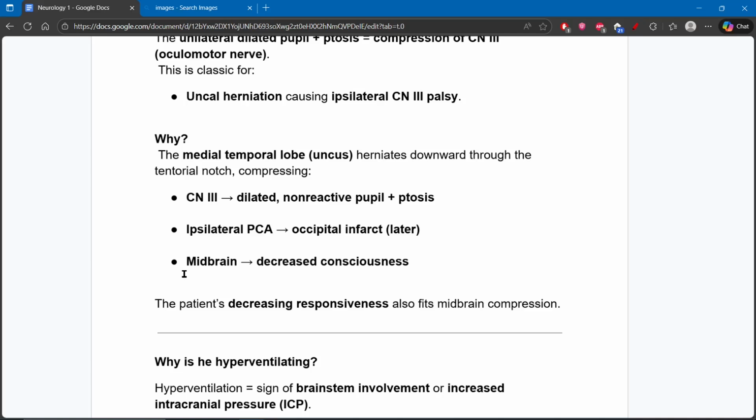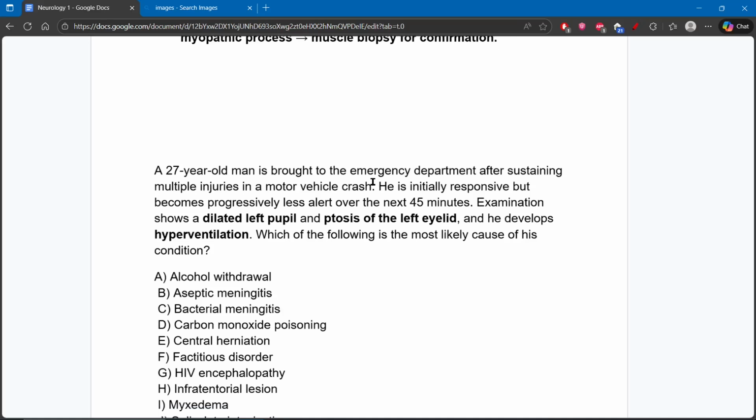And the midbrain can also be affected, which can lead to a decreased consciousness in the patient. So the patient is going towards decreasing responsiveness. So it also fits the midbrain compression part.